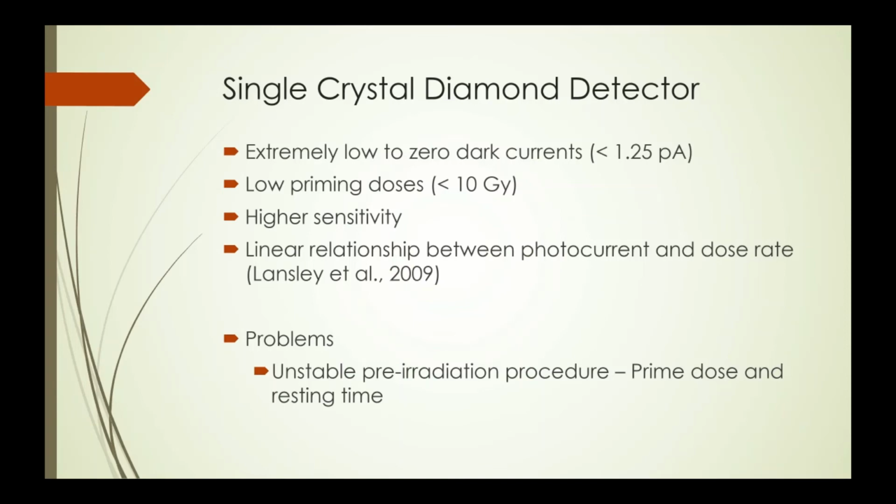It also has a lower priming dose, which means that lower irradiation is needed to prime the crystal. It has higher sensitivity than polycrystalline diamond detector, and it also has a linear relationship between photocurrent and dose, which makes the reading more accurate.